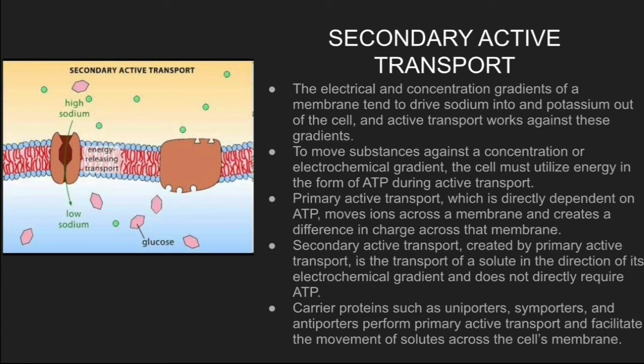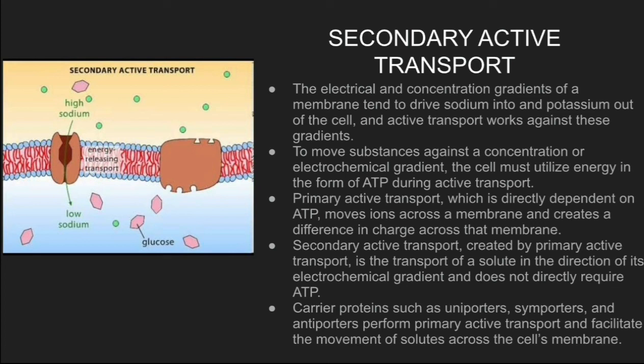So secondary active transport allows one solute to move downhill and another solute to move uphill, with the use of entropic energy to drive the transport. So this is called coupled transport. Remember, secondary active transport is always called coupled transport, and this coupled transport can be further divided into two types, which are antiport and symport.